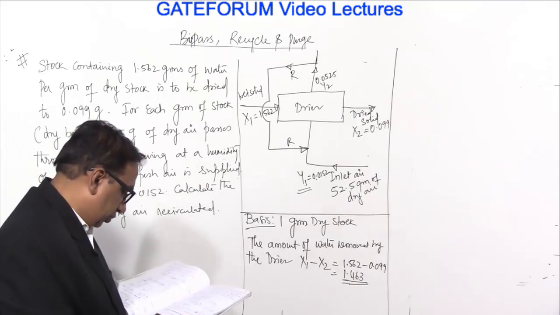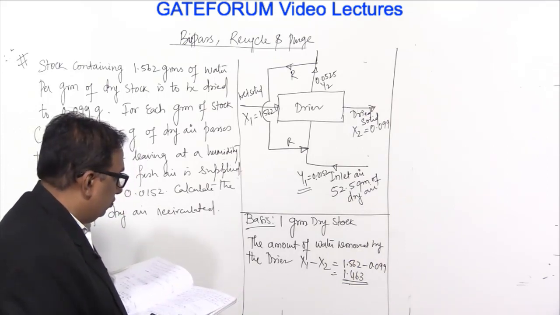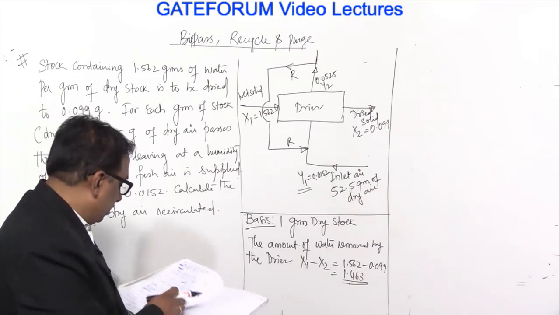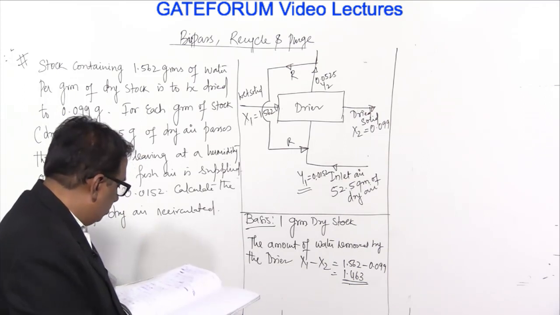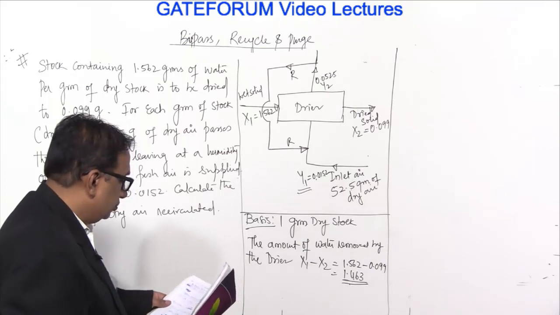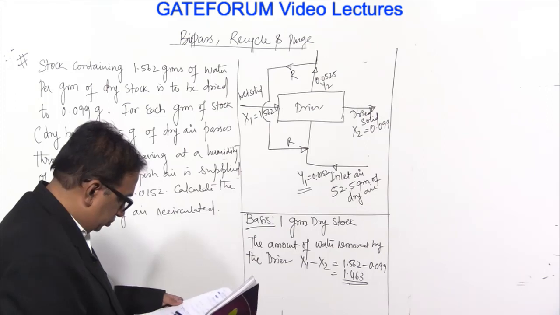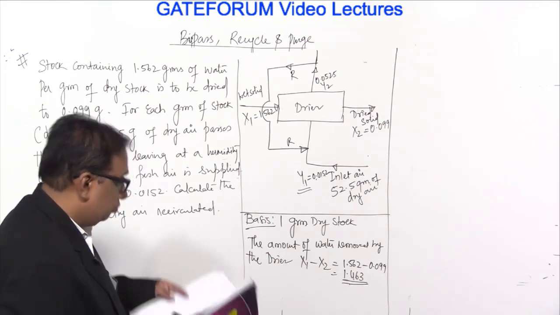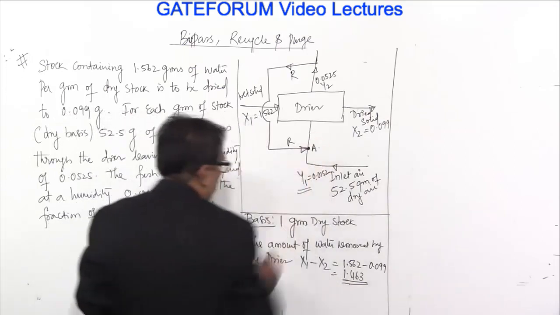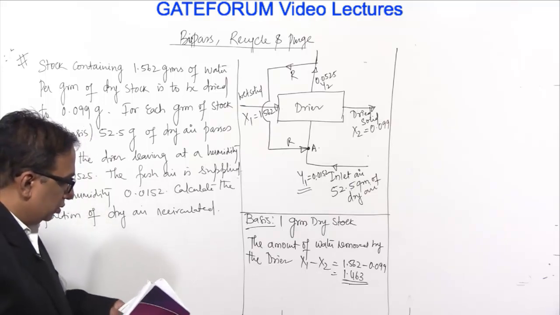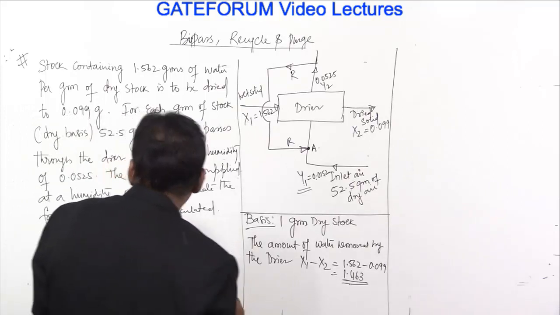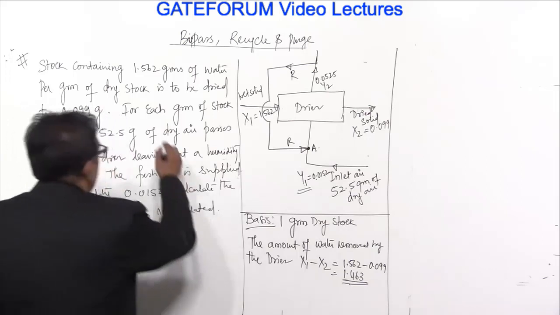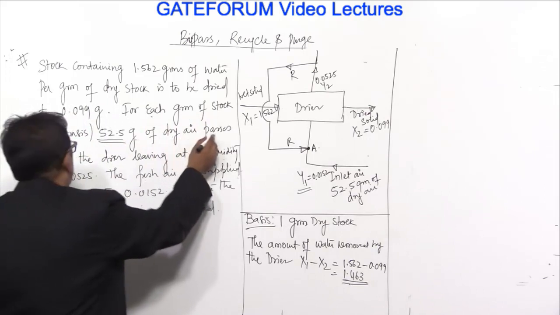Now, for each gram of dry stock, 52.5 grams of dry air passes through the dryer.